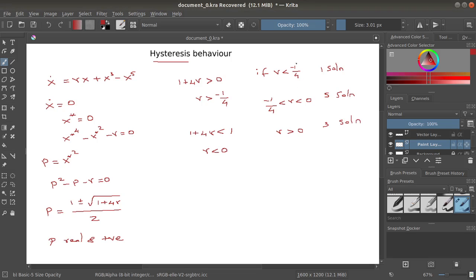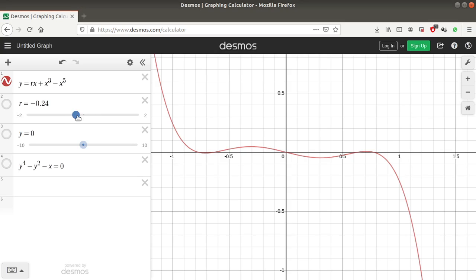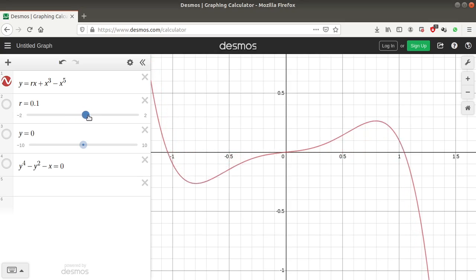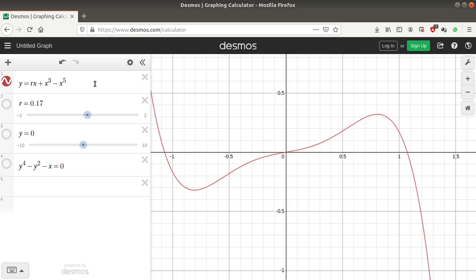But below that there was only 1 solution. Okay, but when I increase the r value to 0 or above 0, let's see what's happening. Above 0, there are only 3 solutions, this one, and this one.